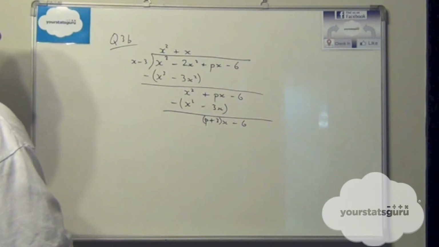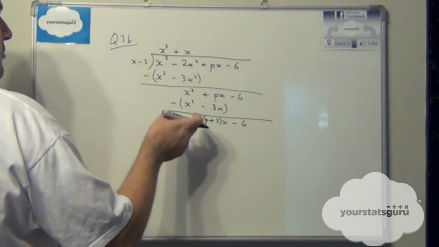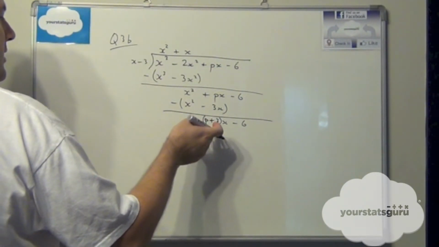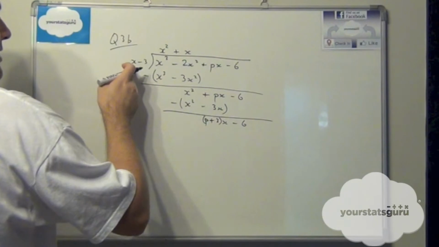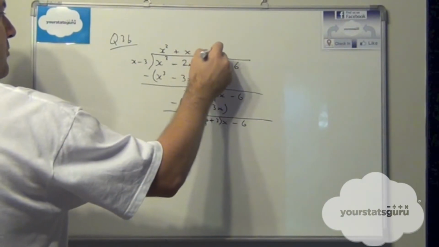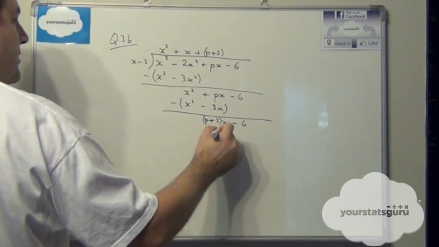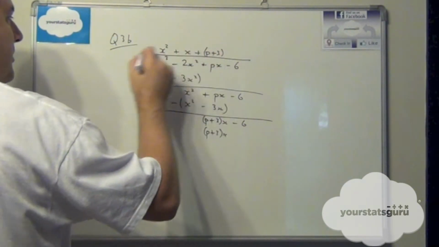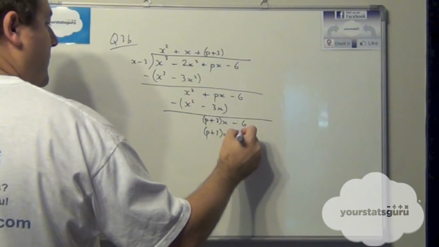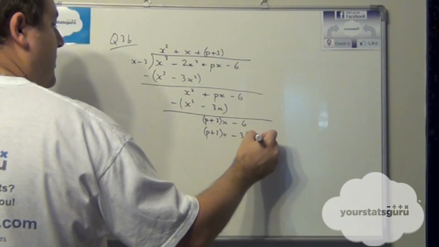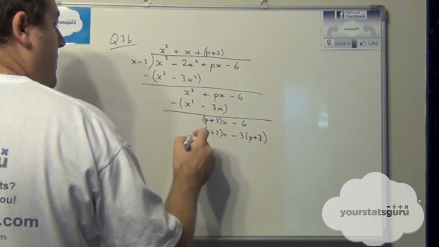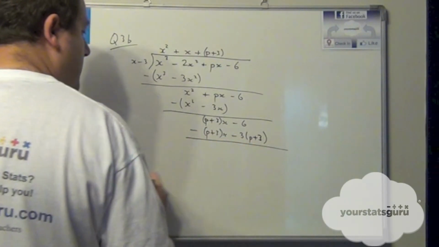Bring down the minus 6. So then p plus 3x divided by x is p plus 3, which gives us p plus 3x. p plus 3 times negative 3 is negative 3 outside of p plus 3. We subtract this.